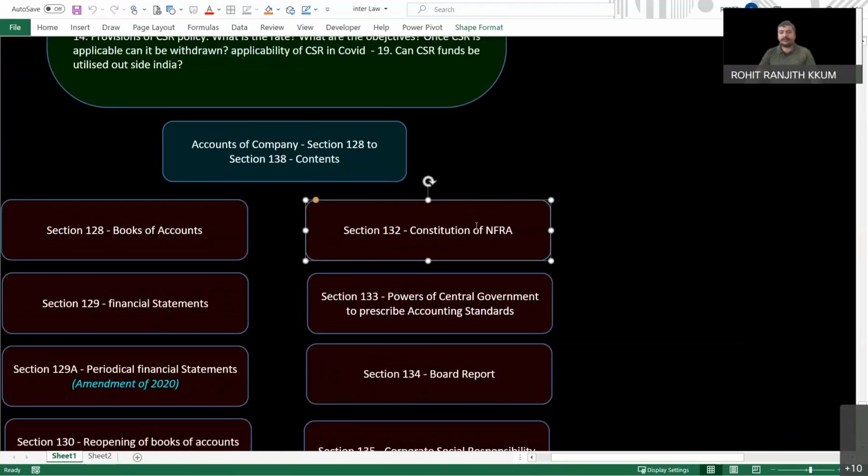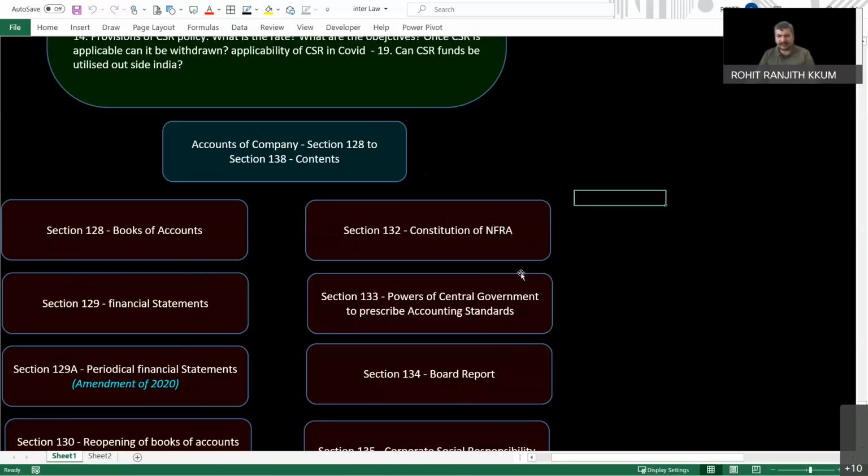So 132 is the NFRA. Before I start the NFRA, let me tell you, when section 132 was yet to be introduced, even after the introduction of the Companies Act 2013, NFRA was not applicable in India for a couple of years.